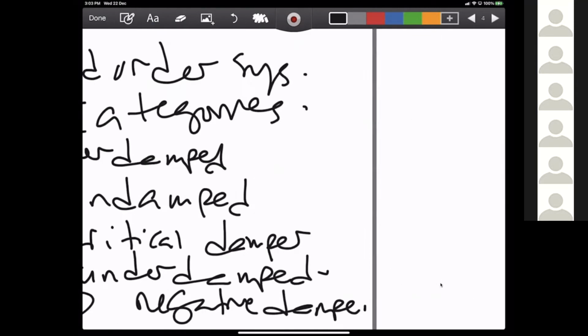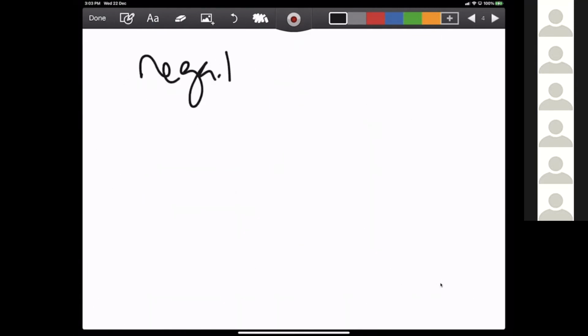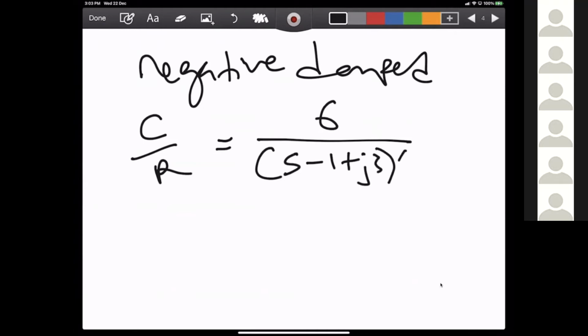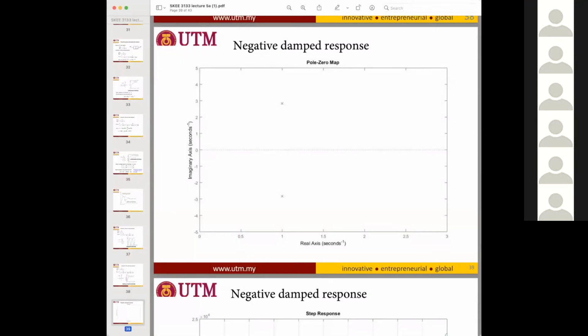Okay, so for negative damped, you can put any value. S minus 1 plus j3, S minus 1 minus j3 is the example of the negative damped, which is shown in the slides here.